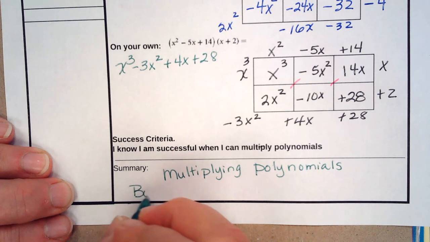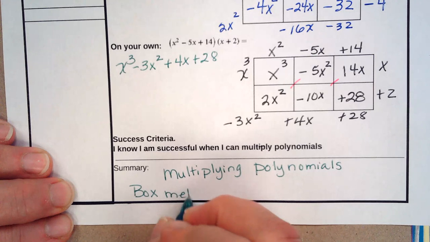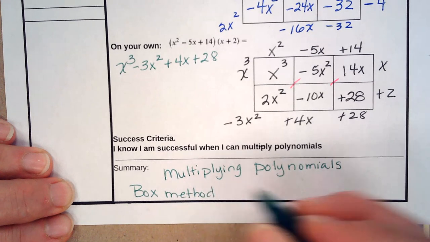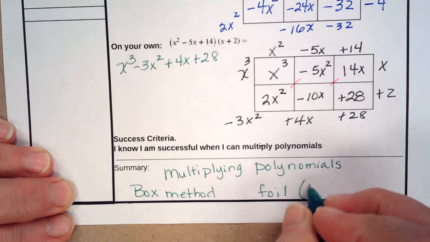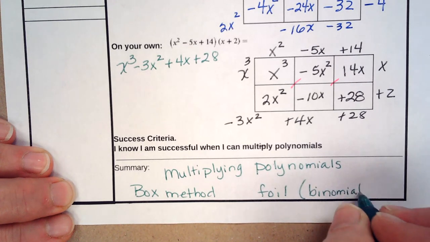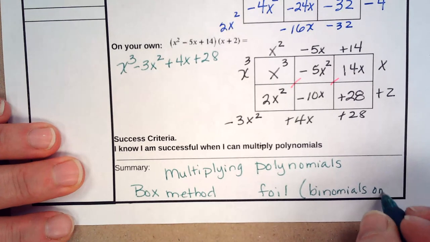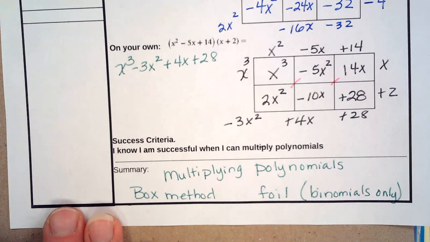We learned the box method, which will work on any. And we learned the FOIL, which is for binomials only. Because if you get anything bigger, it just doesn't work.